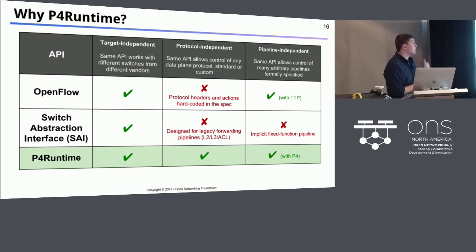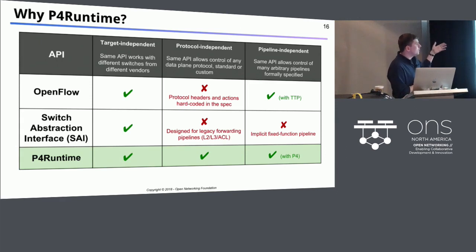Then we have the need for pipeline independence, which is the ability to use the API to control many different formally specified pipelines. When I say many different pipelines, I mean, for example, the ability of having a pipeline that supports only an IPv4 routing table and takes all the memory for that, or different table sizes and shapes.